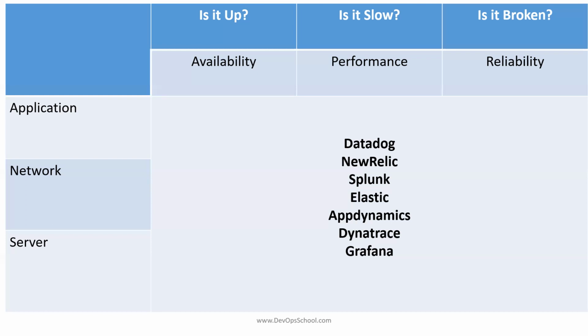Types of data can be in terms of logs, metrics, and traces. I will request you to remember only one word, which will help you: MELT. That's all. MELT means all the metrics, all the events, all the logs, and all the traces that I want to capture.